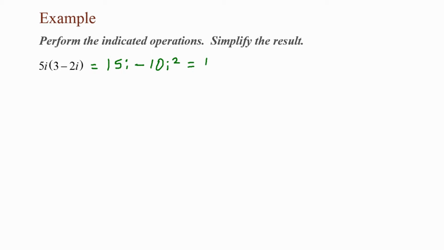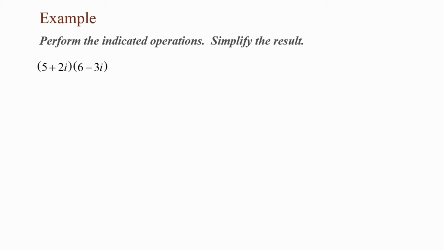This equals 15i minus 10 times i squared, which is negative 1. I want to write this in the form of a plus bi. Since my 15i is the imaginary number, I want to write it second. Minus 10 times negative 1 is a positive 10. 15i is positive, so I put plus 15i. The final answer is 10 plus 15i.